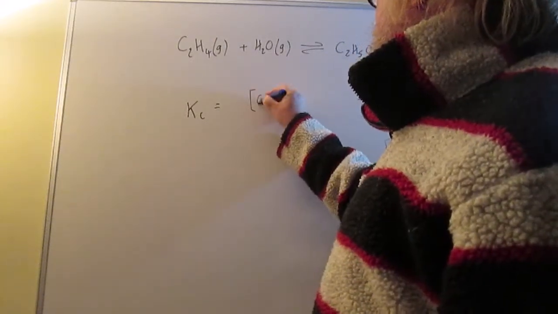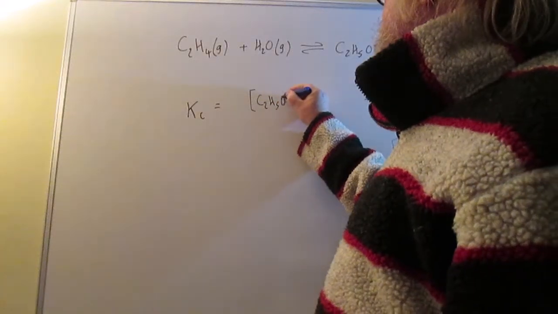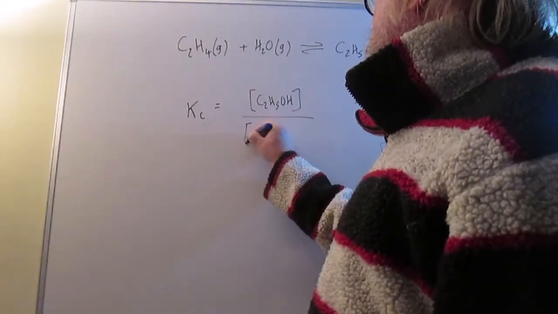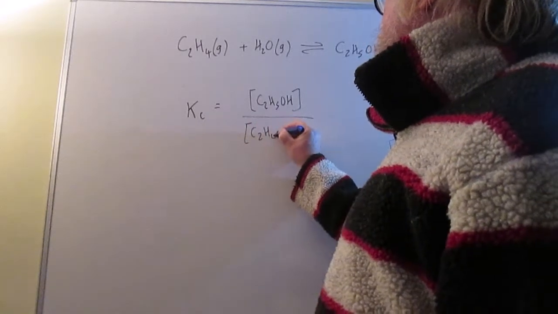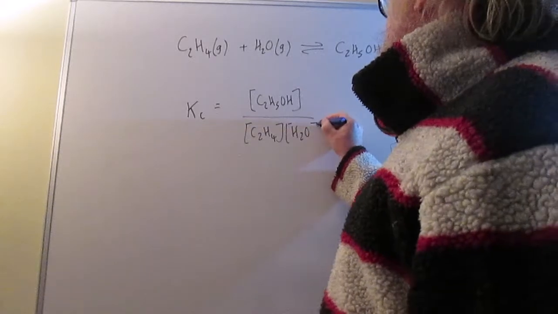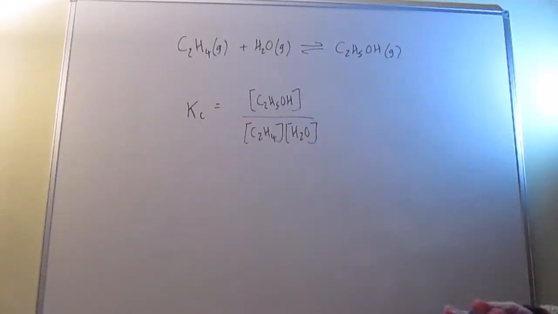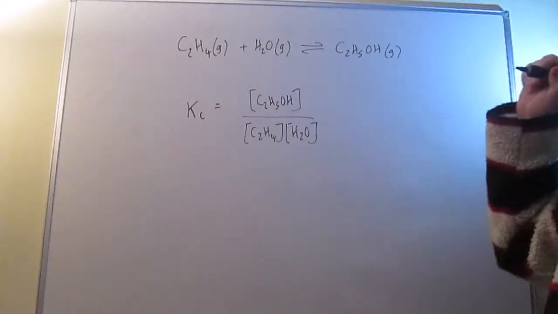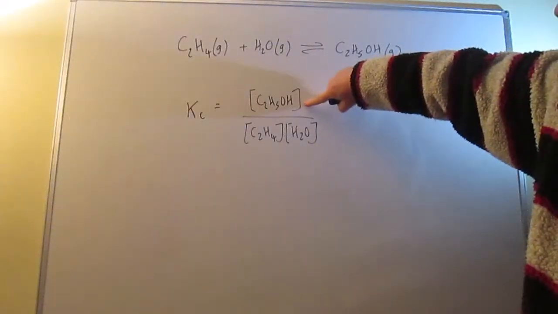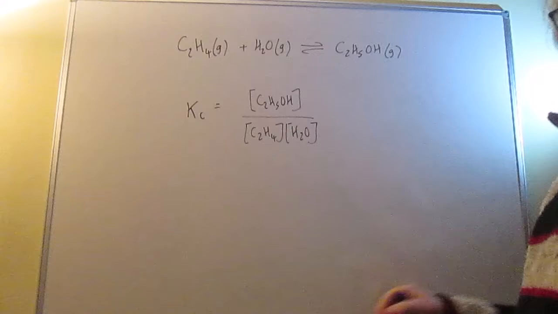We've got ethanol on the right, and we've got ethene and steam on the left. So it's a nice simple Kc expression. It's just that. And all we've got to do is to take these amounts that it gives us, turn them into concentrations, because remember the square brackets are concentrations, not just numbers of moles.